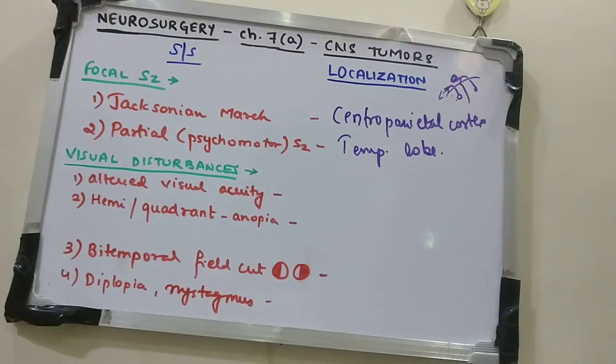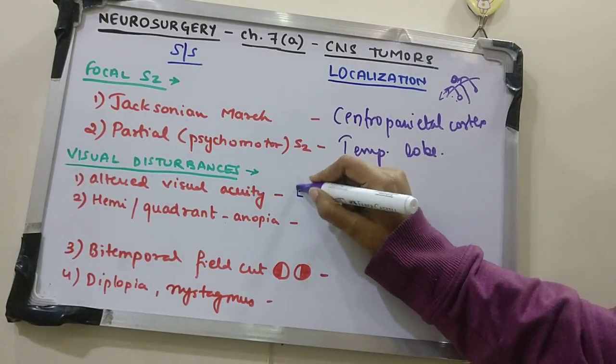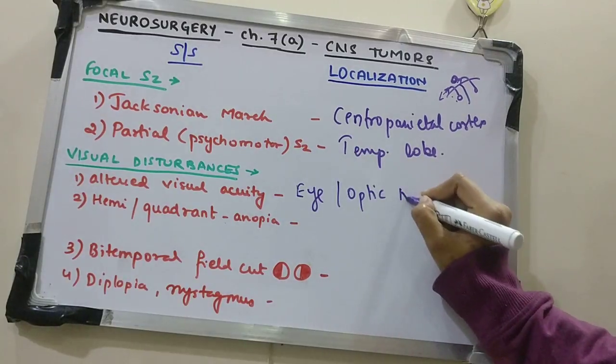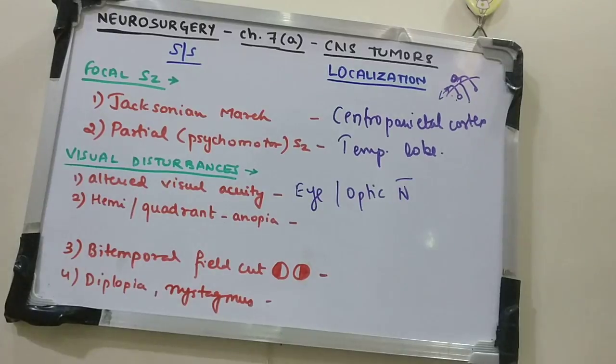Now coming to visual disturbances. If a person is having altered visual acuity, where in your optic nerve pathway will there be the lesion? It can be either in the eye or it can be in your optic nerve. Coming next, hemianopia or quadrantanopia.